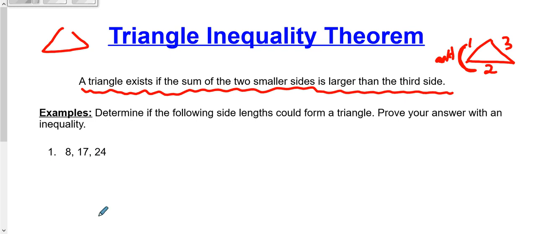But the quickest and easiest way to do it is to add together the 2 smallest sides. So first I will identify the 2 smallest numbers, which are 8 and 17, and then I will add them together, 8 plus 17, and you're checking to see if it's greater than 24.